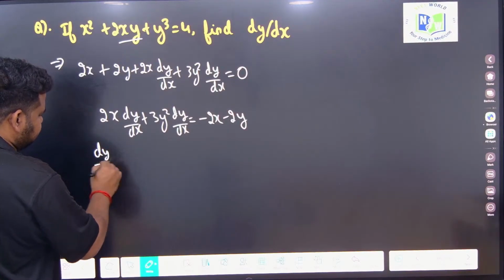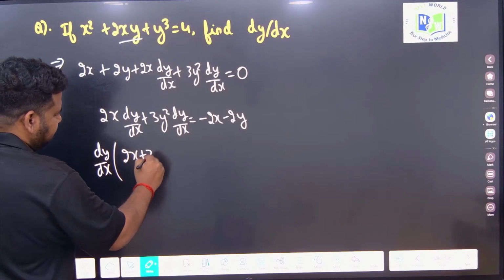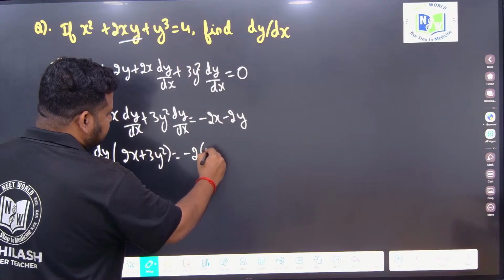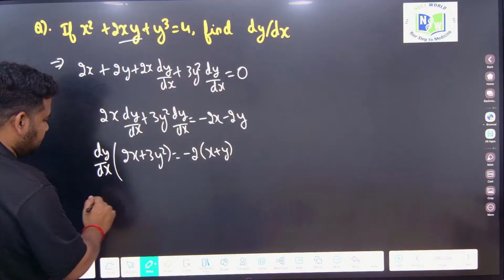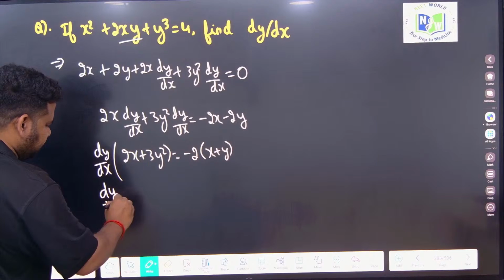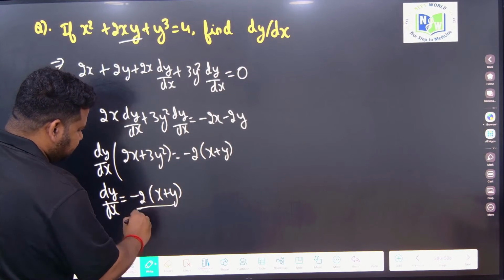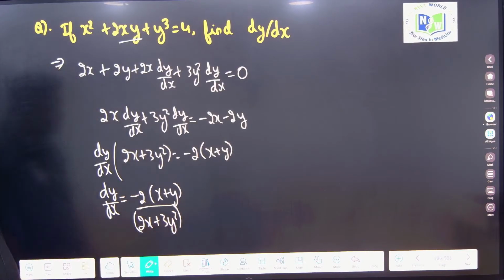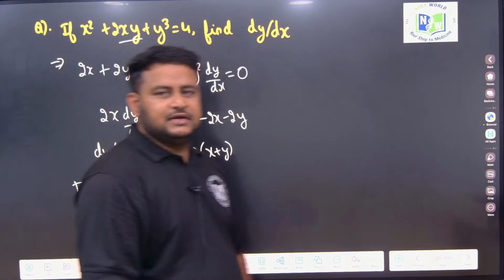That becomes 2x plus 3y square, is equal to minus 2 times x plus y. Now I bring this to the bottom, so dy by dx will be equal to minus 2 times x plus y divided by 2x plus 3y square. This is the final answer. This is about implicit differentiation.